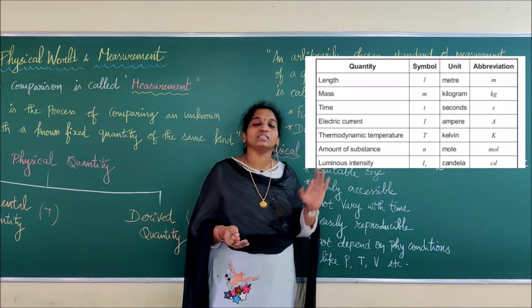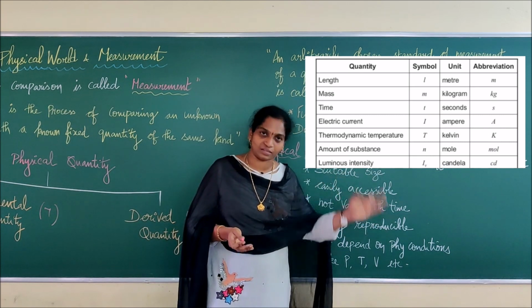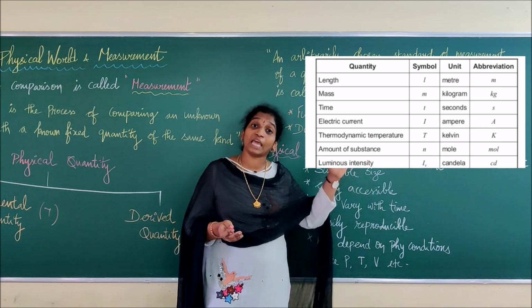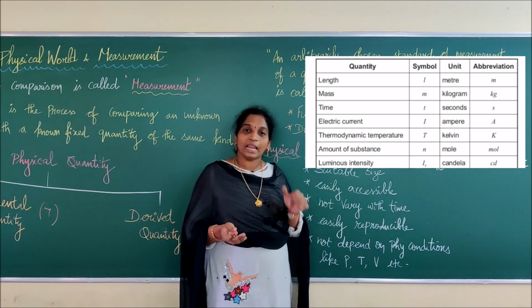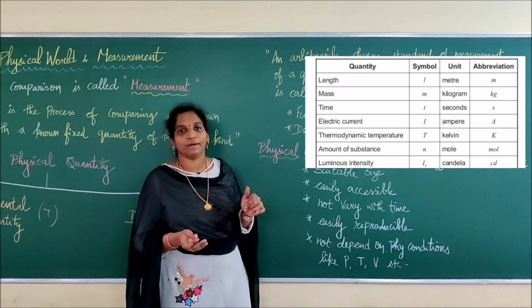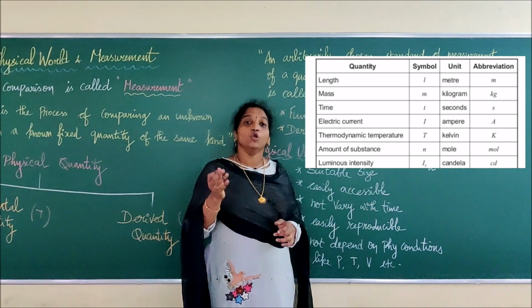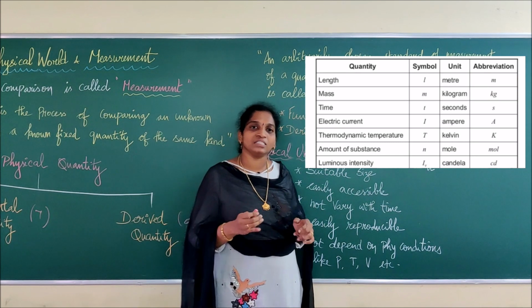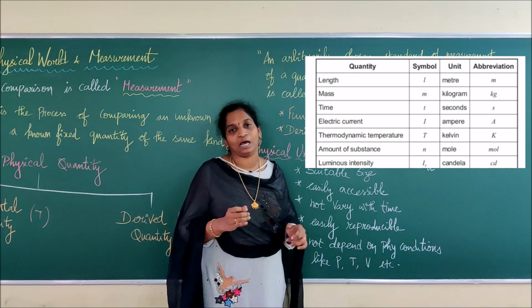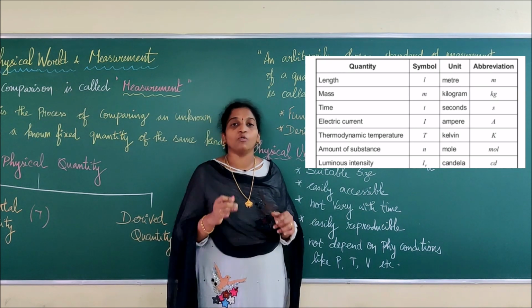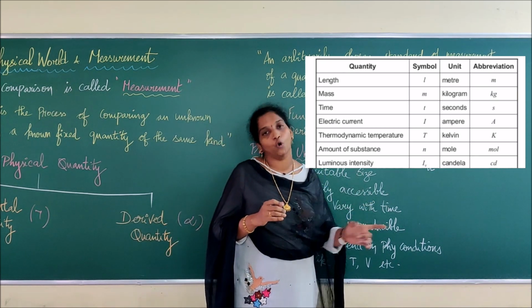For time, it is second, represented by s. Temperature is Kelvin, represented by capital K. Electric current is ampere, capital A. Luminous intensity is candela, Cd. Last one, amount of substance is mole.